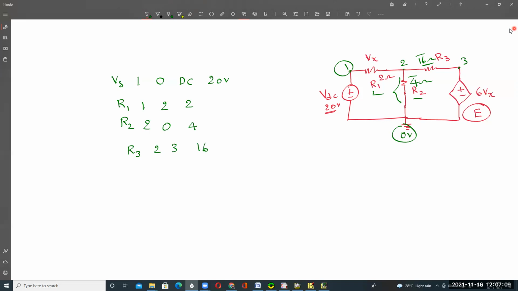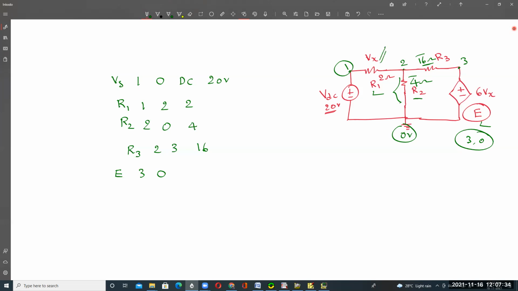Then the E source is connected between 3 and 0 and is depending upon R1.